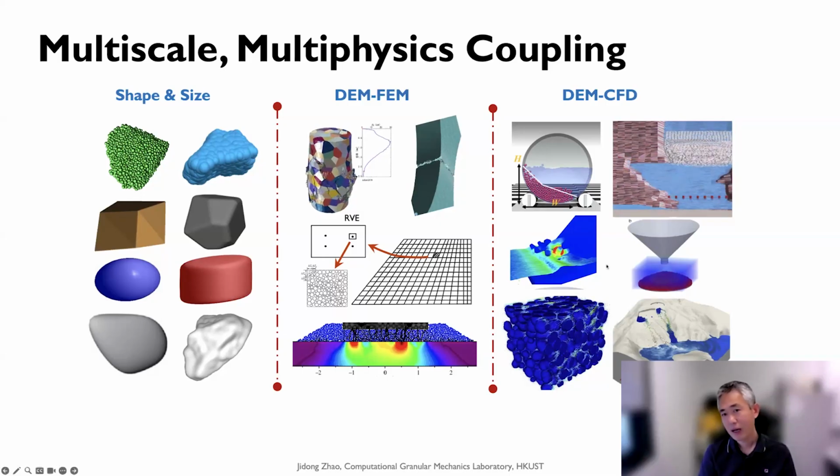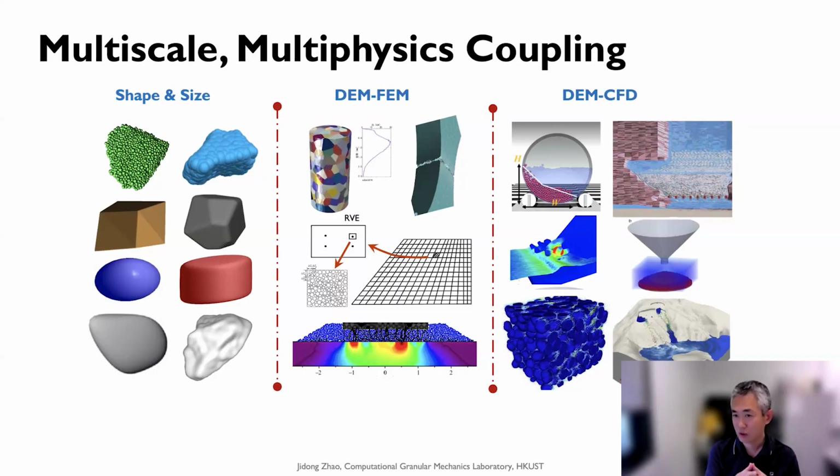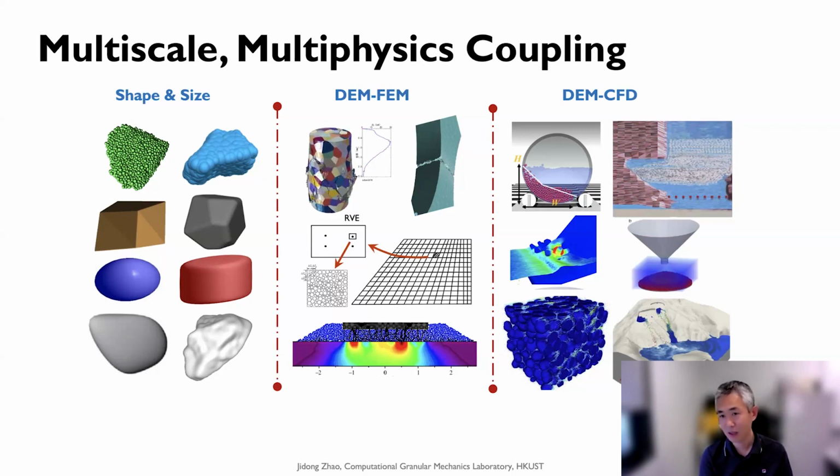Another thing is that in a lot of engineering settings we need to deal with coupling processes. We know that granular material itself is a porous medium, and between the particles there are a lot of pores. Pores can be filled by liquid, and even by a mixture of liquid and air.